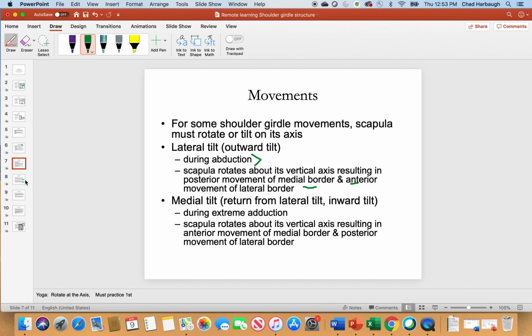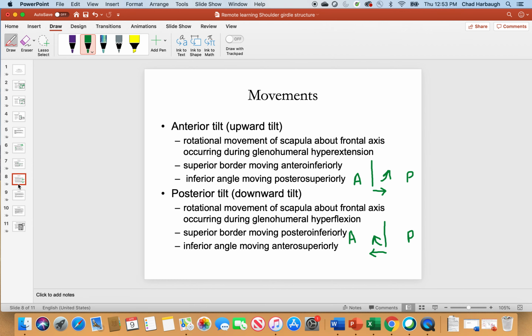So we will have different types of tilts. When we see extreme adduction, this would be a medial tilt or returning from a lateral tilt. The one that's most confusing, I already drew this in, is the anterior tilt and the posterior tilt.